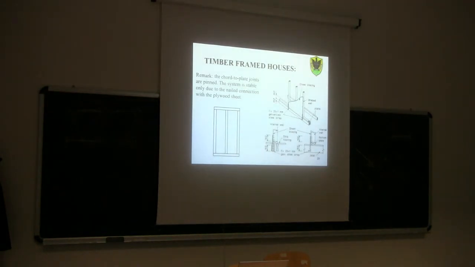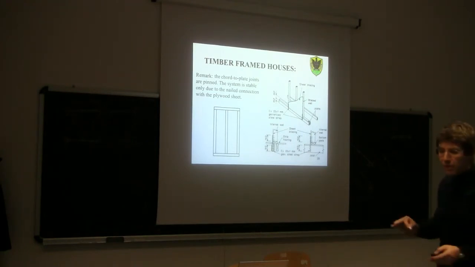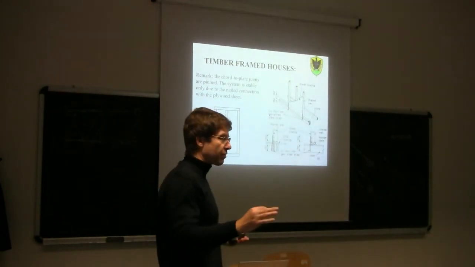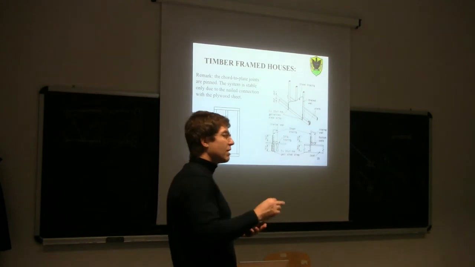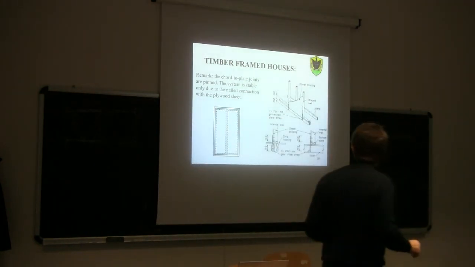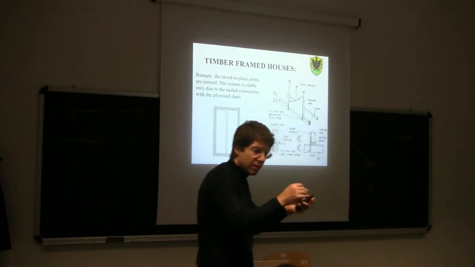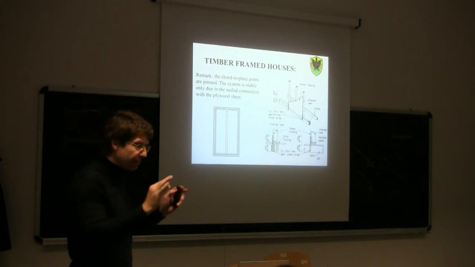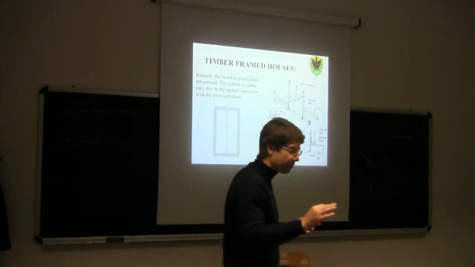If I glue this sheathing to the frame, then I would end up with a rigid sheathing to frame connection. Instead, when I'm using a nail connection, I accept that there would be a degree of flexibility, so a relative slip between the sheathing and the frame during the deformation. Okay? This is very important because also the calculation we see is different.